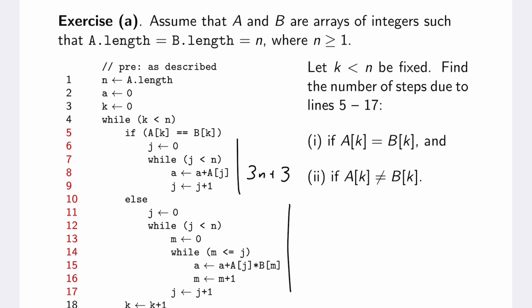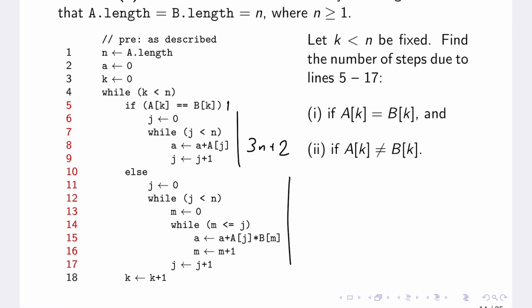I'm going to write 1 here and decrease that. So while it was true previously that lines 5 to 17 took 3n plus 3 steps when A[k] was equal to B[k], I'm just going to split it up a bit more: 3n plus 2 plus 1.